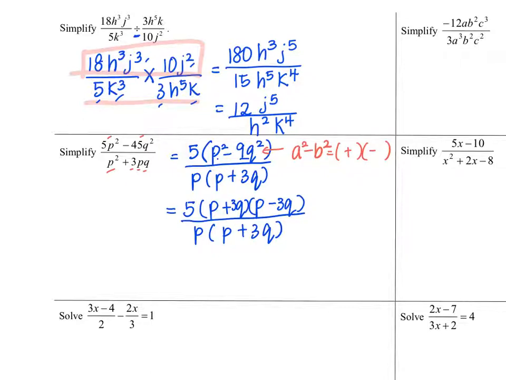In the exam, they may say that we must show the working or not cancel away certain answers. So we're not going to cancel out anything, but we can cancel them in our mind. So I know this and this can cancel away. I'm left with 5 bracket p minus 3q over p. And that's the answer. Have you gotten the answer?